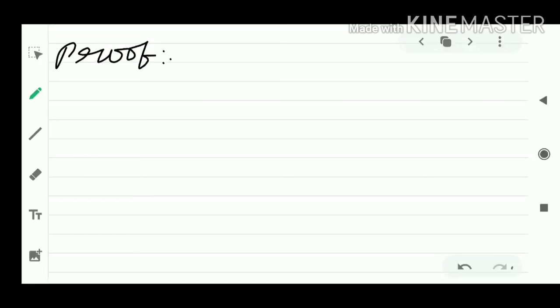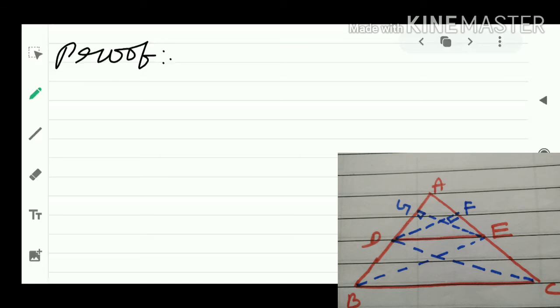Proof. For this, we need to find the ratio of area of triangle ADE and BDE. So here we go.